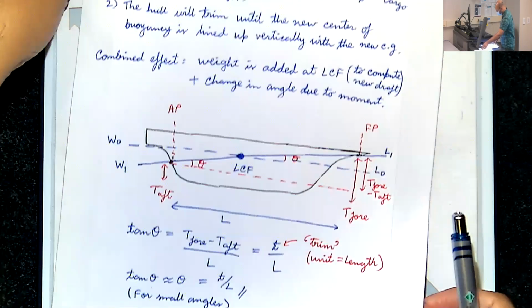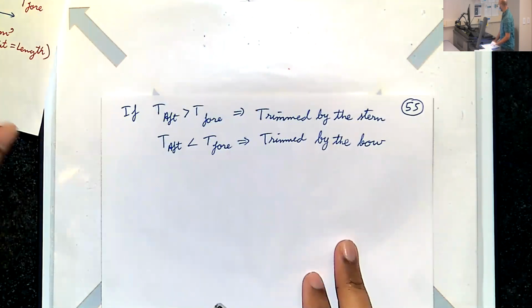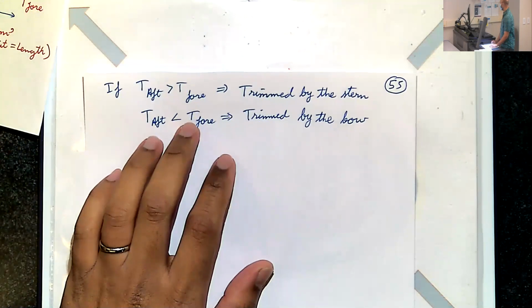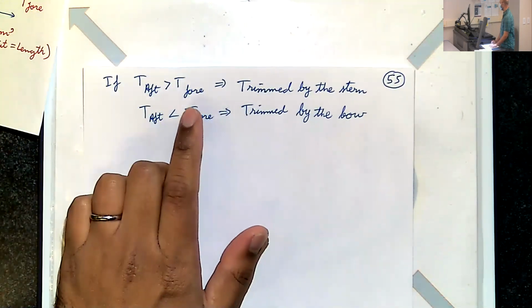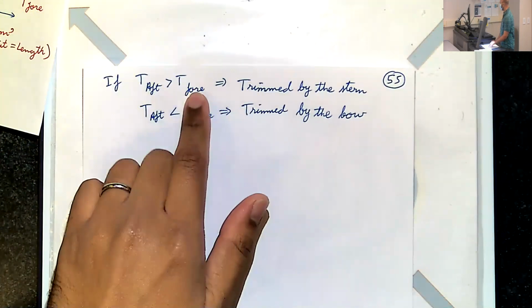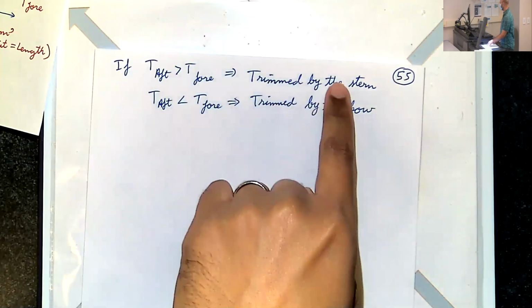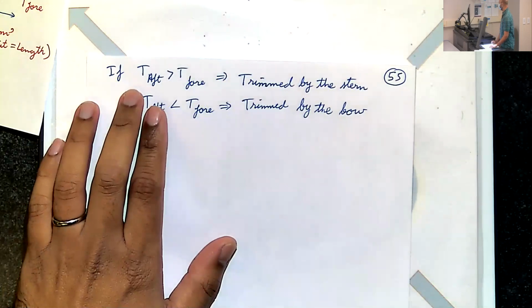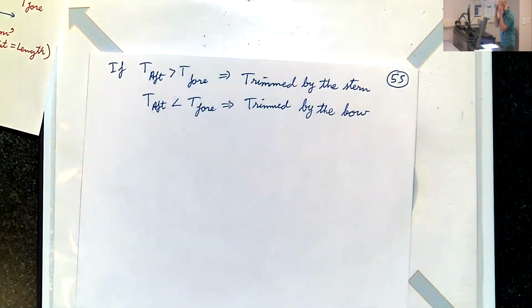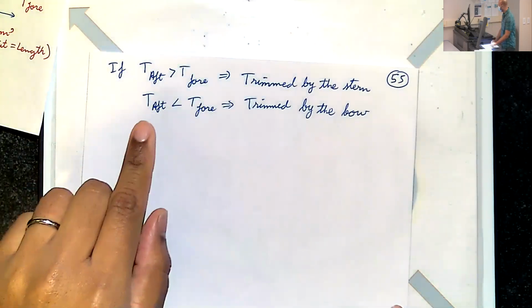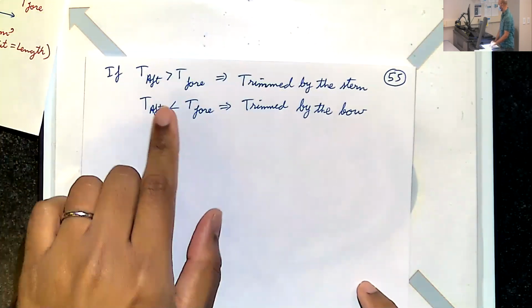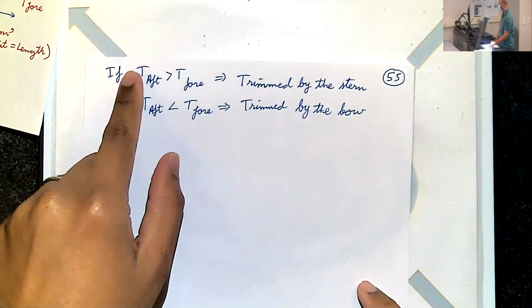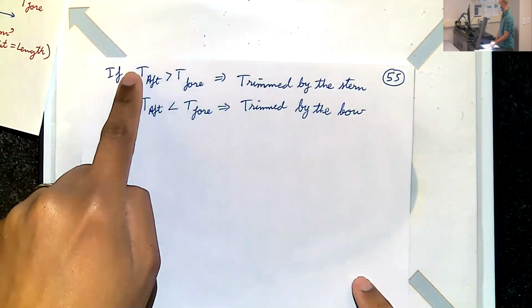And we said whoever is riding lower into the water, we call it trimmed by that part. Wait, I always have to think this carefully. So, all right, I think I have it. Who is riding lower in the water? Nose up or nose down in the first case?